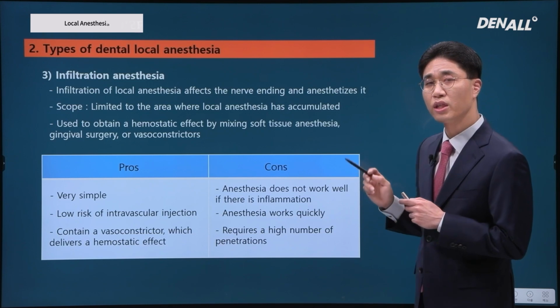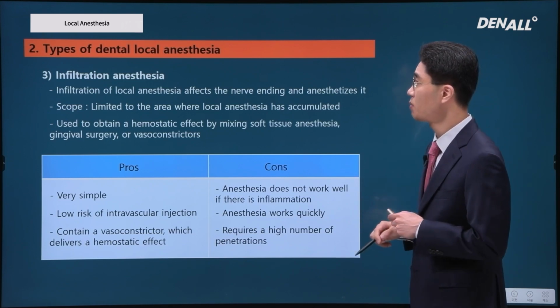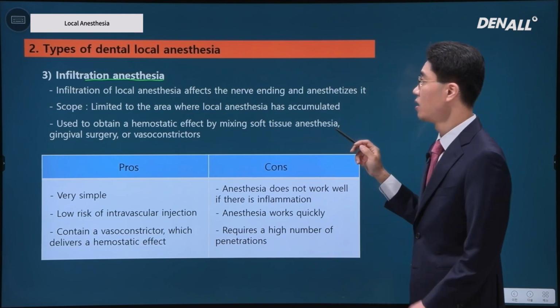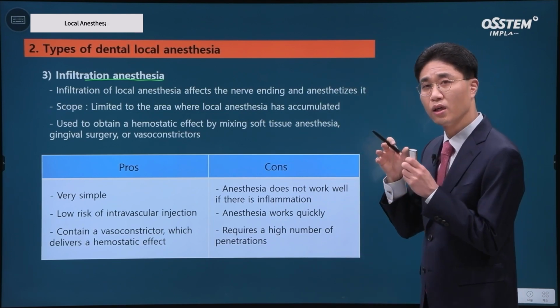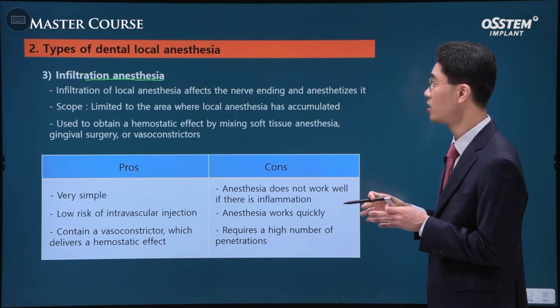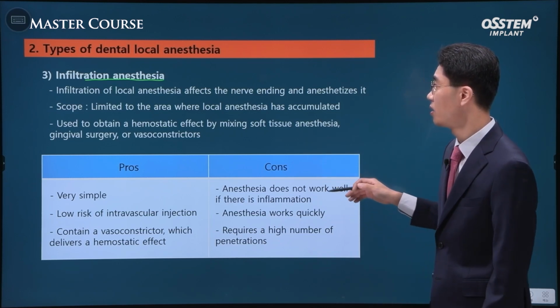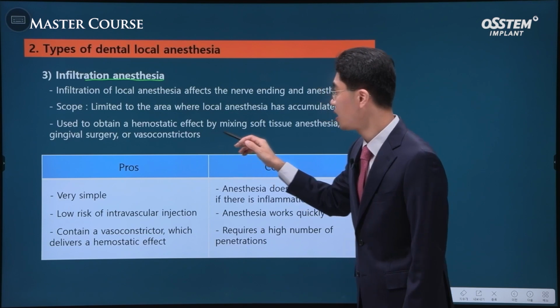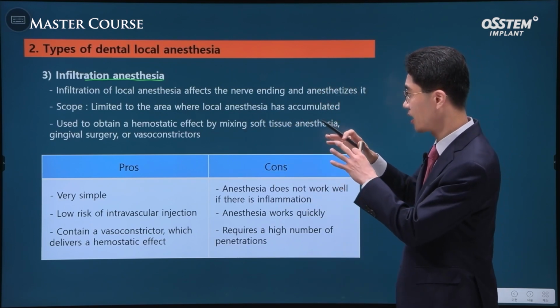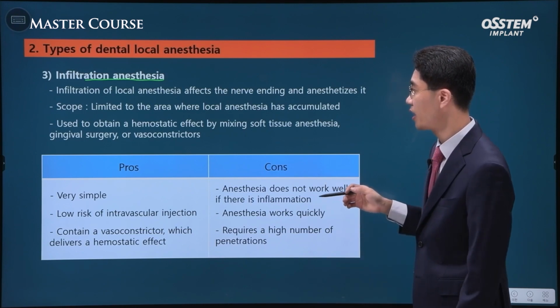Next is infiltration anesthesia, which is done most frequently. As for infiltration anesthesia, the scope is limited to the area where local anesthesia is accumulated. We can limit the area.